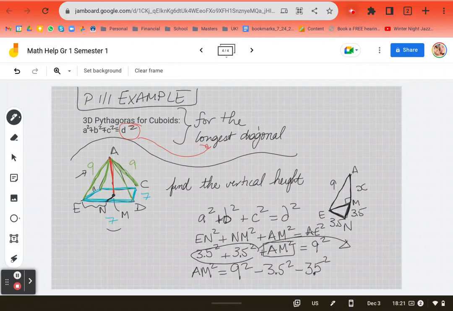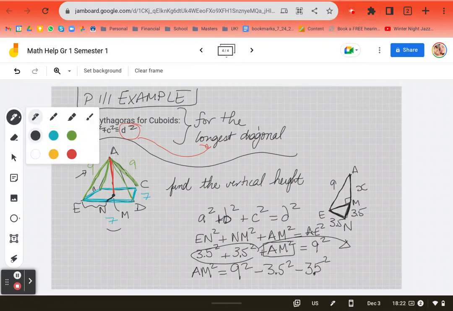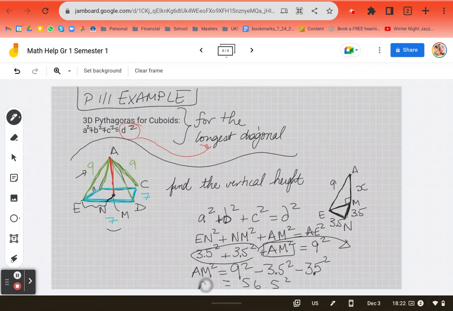And let me just sort this out on my handy dandy calculator. Okay, so that equals, my pen stopped working. That equals 56.5, squared, and then AM is the square root of that.